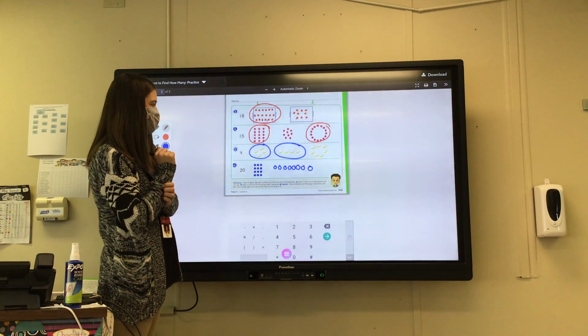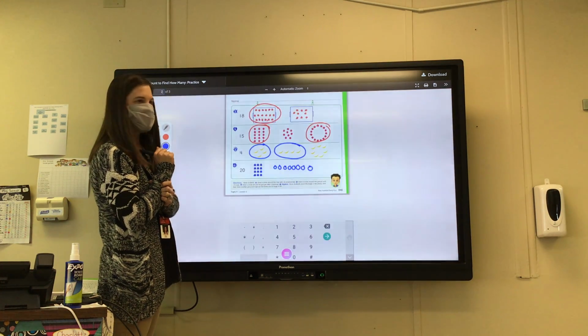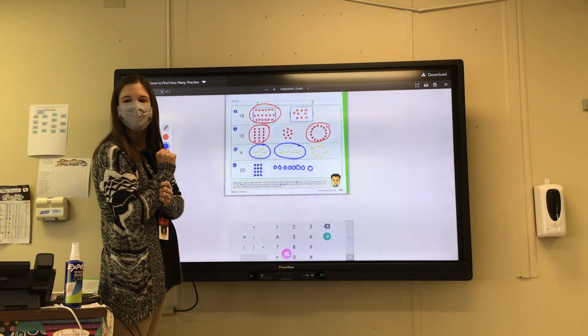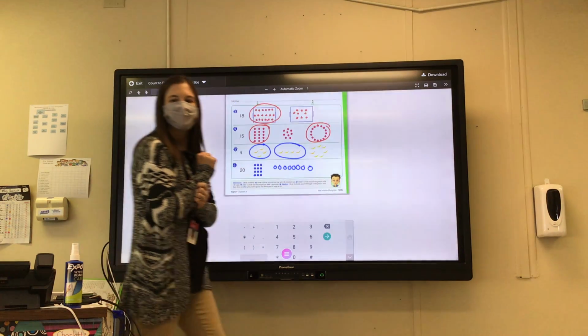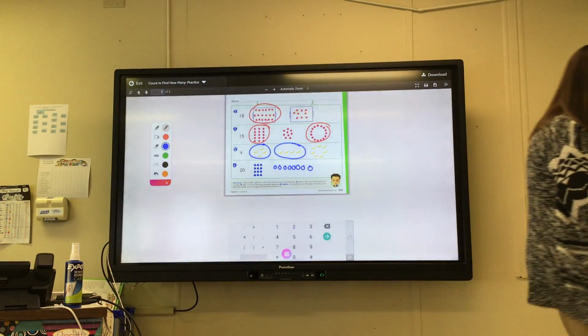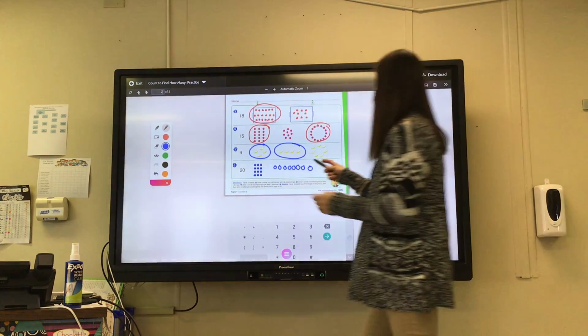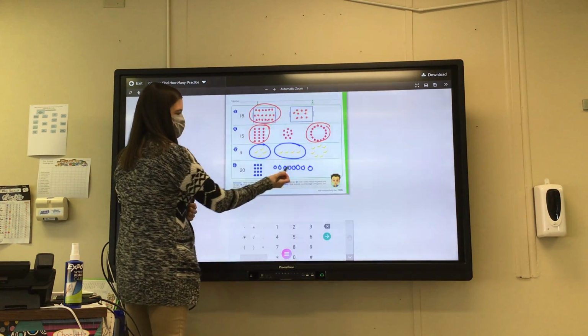How many more bugs did I draw? Remember we started with 12 bugs here, and let's make more to make 20.